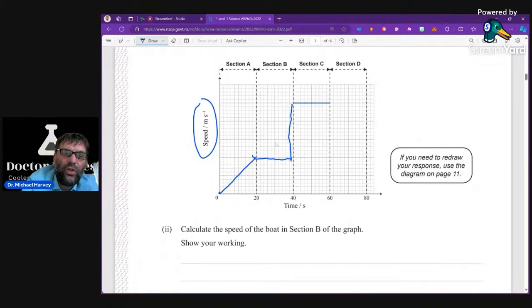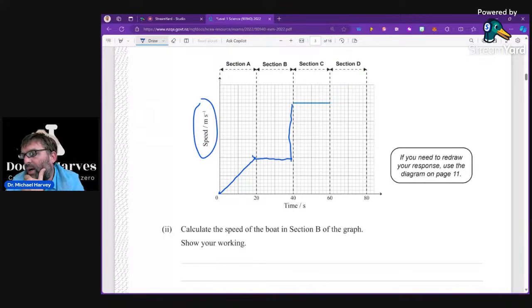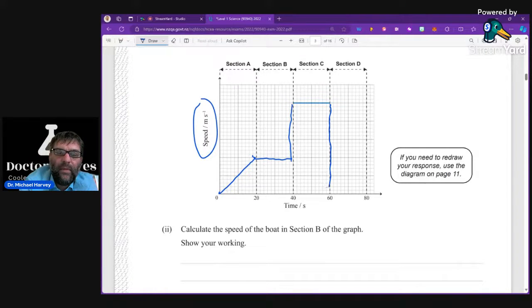Then connect it down. Finally, for section D, it's back down to 0 speed because it's staying in the same place from the distance time graph. So it just goes straight down to 0 and stays at 0 speed.